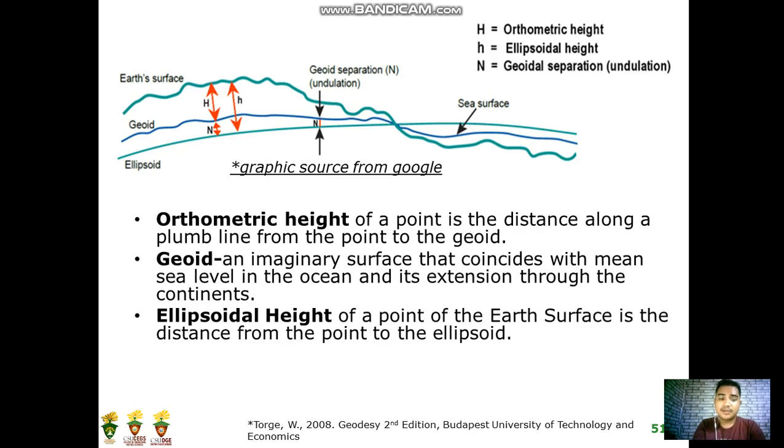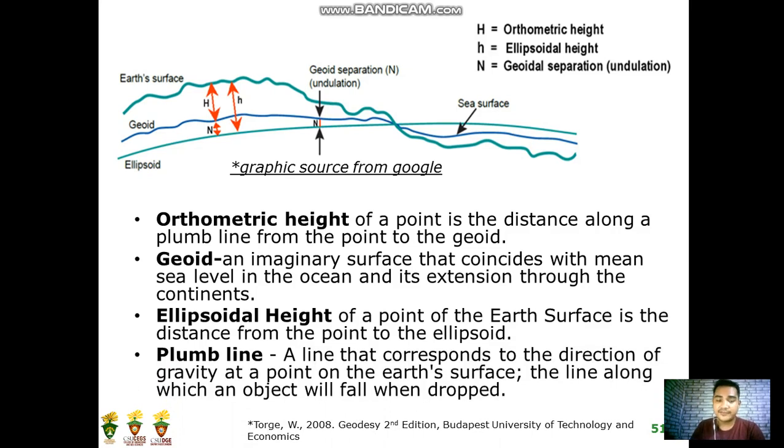So ellipsoidal height of a point on the Earth's surface is the distance from the point, or kung asa ka nagtindog, padulong sa ellipsoid surface. Orthometric height is from the point to the geoid, and ellipsoidal height is from the point to the ellipsoid. Again, si ellipsoidal height, dito gyapon siya, ang direction gyapon niya is same sa imuhang kung asa padulong ang imong gravity towards the Earth.